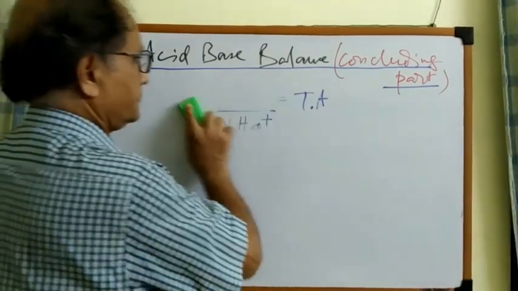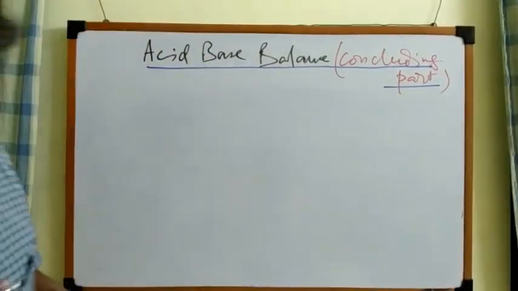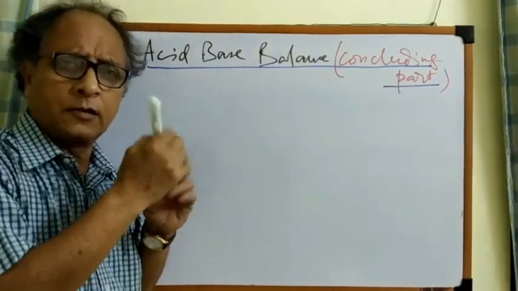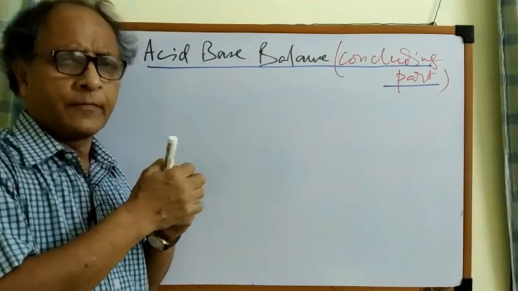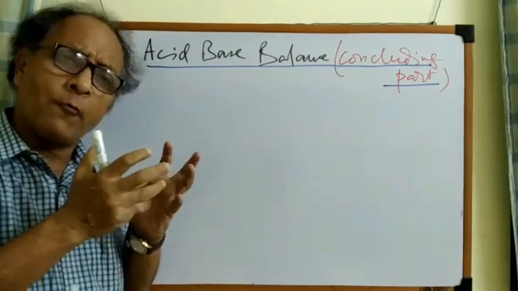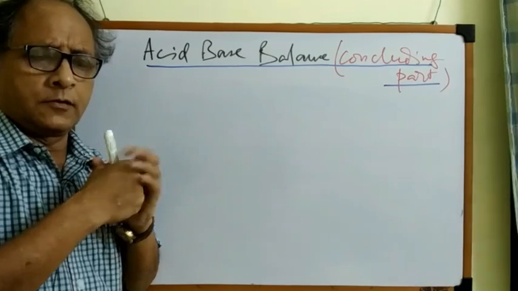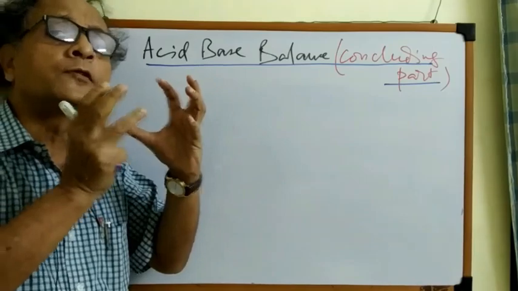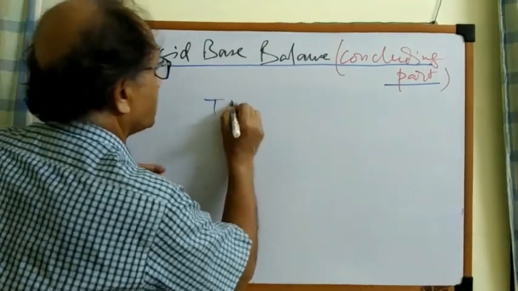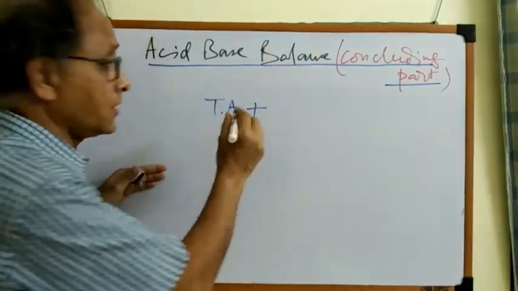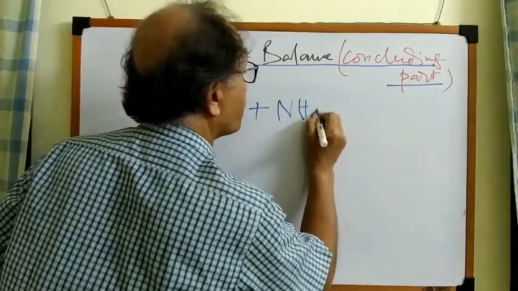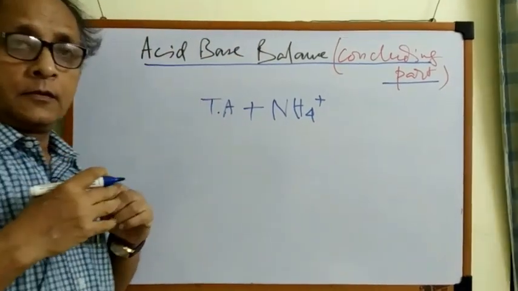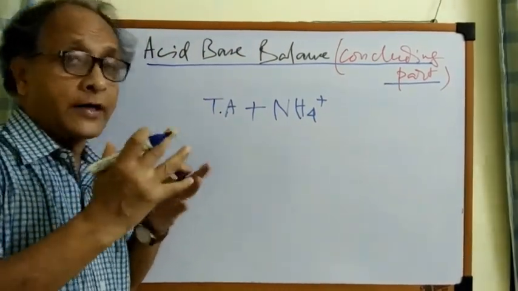Number 2. If we take this amount of titrable acidity and the amount of ammonium present, the combination of these two, that means titrable acidity due to the presence of phosphoric acid and the presence of ammonium ion, indicates the amount of new bicarbonate generated.